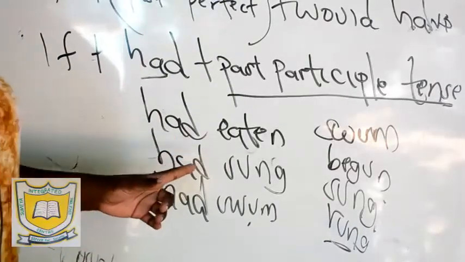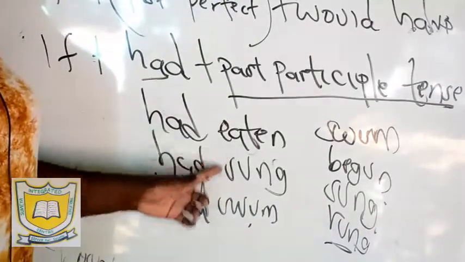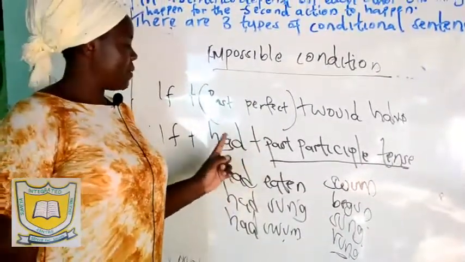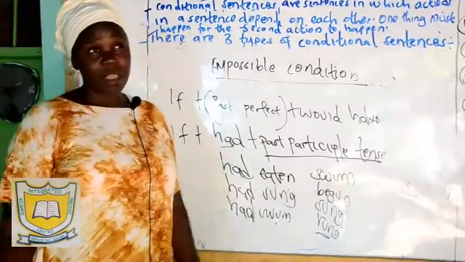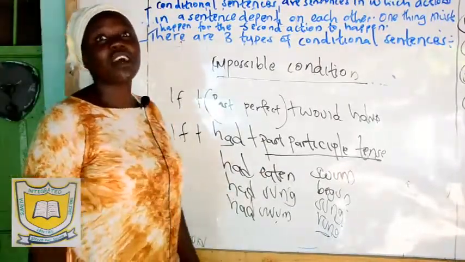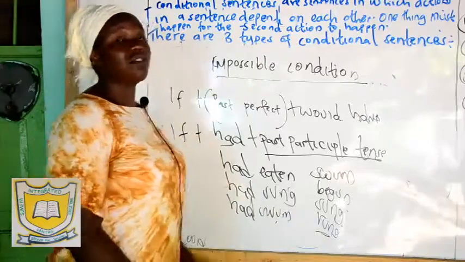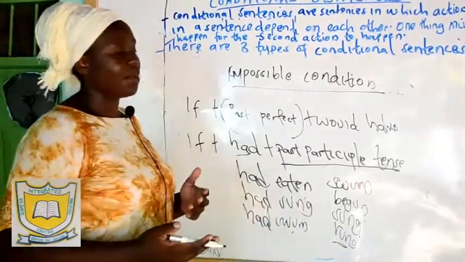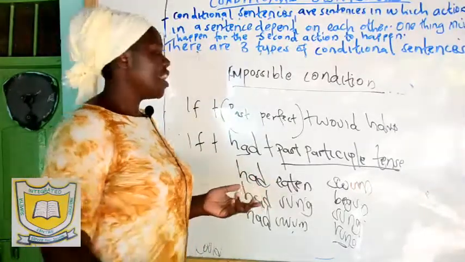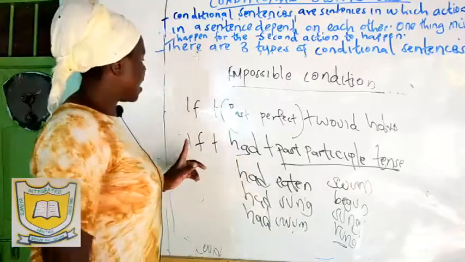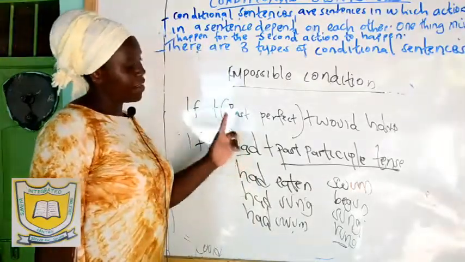Past perfect tense is formed by had plus a past participle. And why am I insisting on irregular verbs? Because most learners do not know when to use the past tense and the past participle of irregular verbs. So it's formed by if plus had plus a past participle.